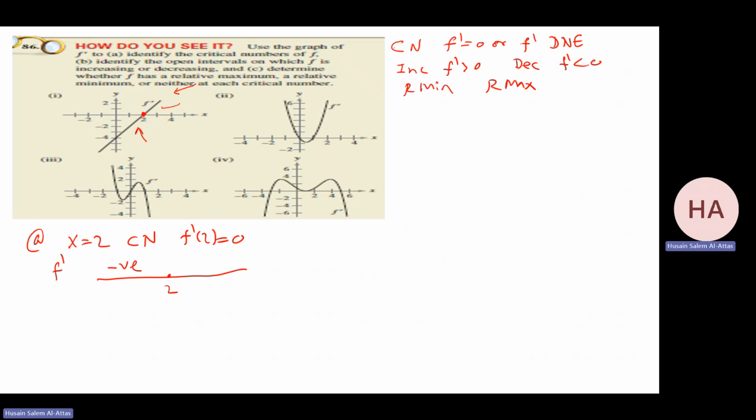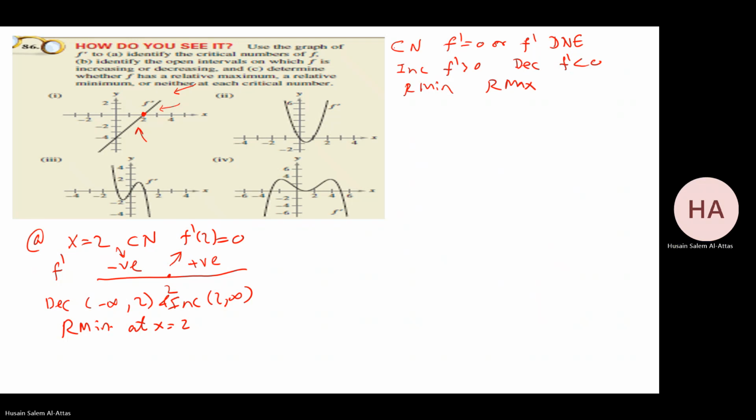After 2, f prime is what? Positive. This is the graph of f prime. So I have decreasing, then increasing. So it's decreasing from minus infinity to 2, and increasing from 2 to infinity, and it has a relative minimum at x equal 2.